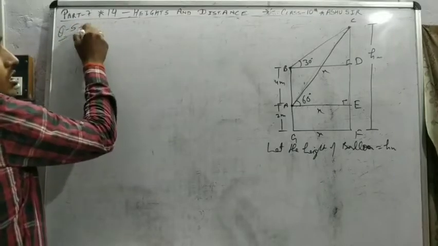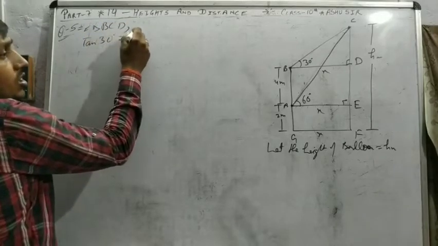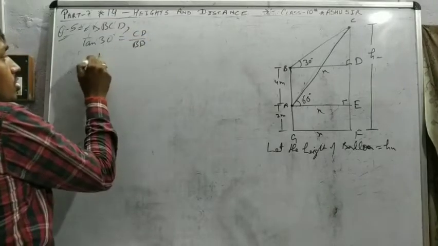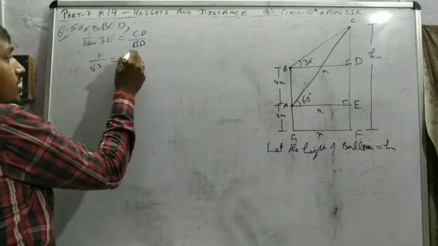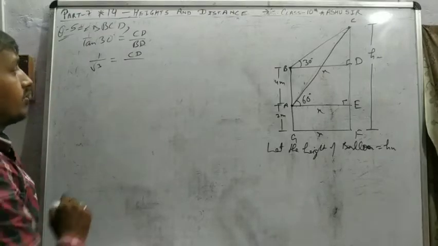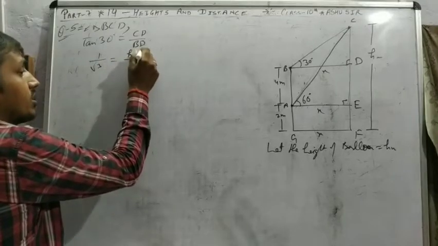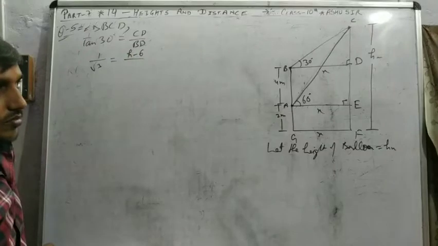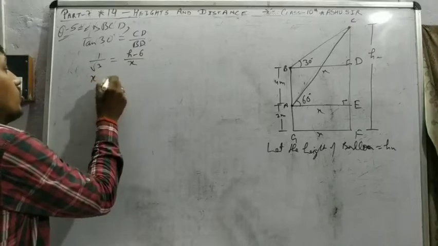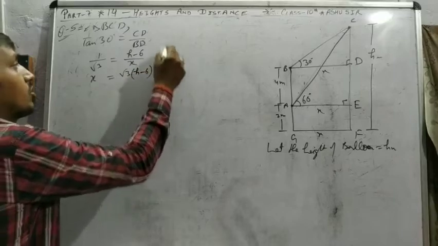In triangle BCD, tan 30 is perpendicular upon base, 1 by root 3. CD is not given, but we can write in place of CD that it is H minus 6, and BD is X. So here there is no need to find X, we can find the value of X from equation number first.